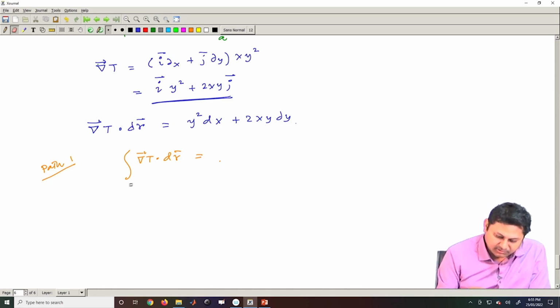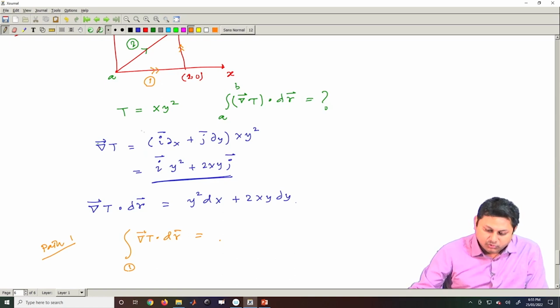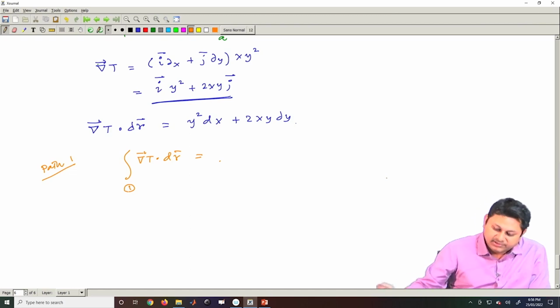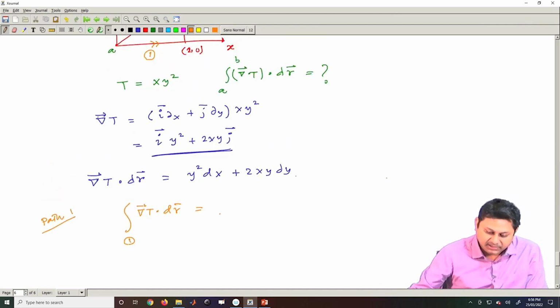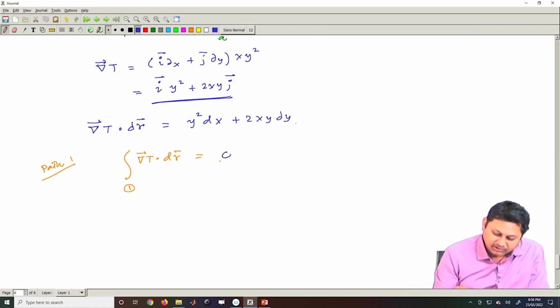Path 1 has two parts. One is from here to here, and when I am going from here to here, my dy is completely 0, only dx is changing, and y value is 1. So, the first part of this path is simply 0, without doing anything I can simply say this value is 0. What about the next part?